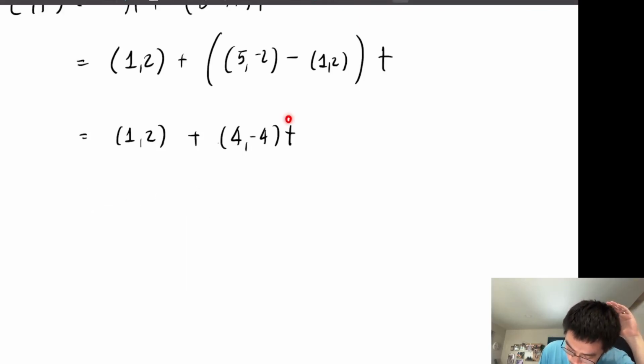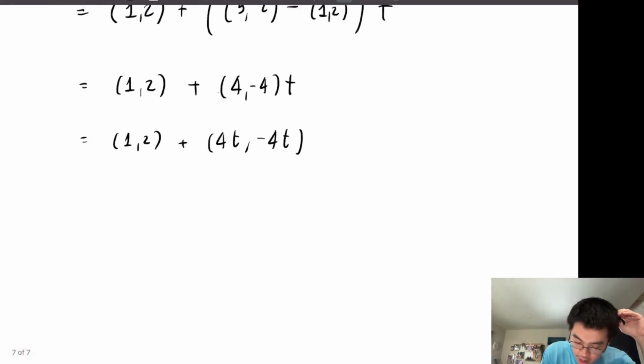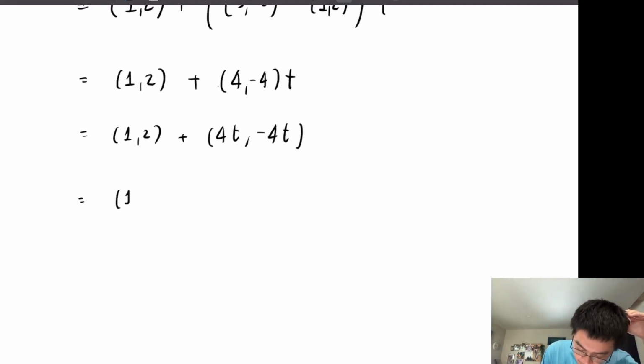The way you do is you distribute t inside, right? So we get (1, 2) plus (4t, -4t). So at the end, you get 1 plus 4t and then 2 minus 4t.